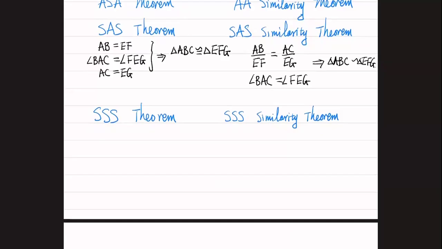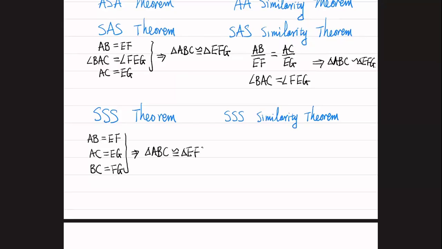We also have the SSS theorem. If we have this, we conclude the two triangles are similar, congruent, sorry.